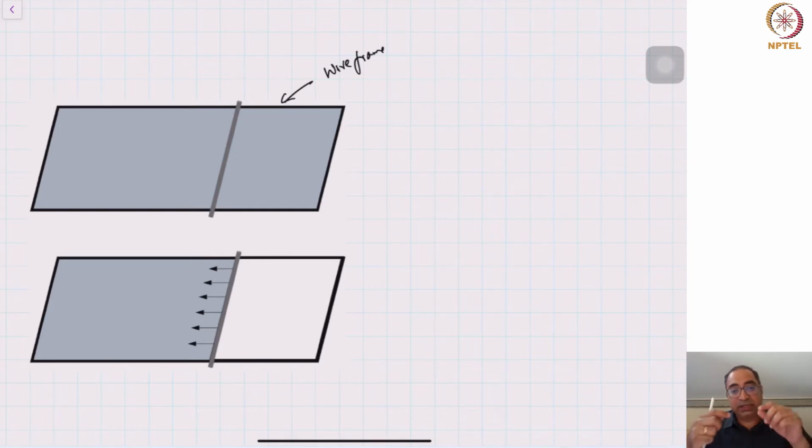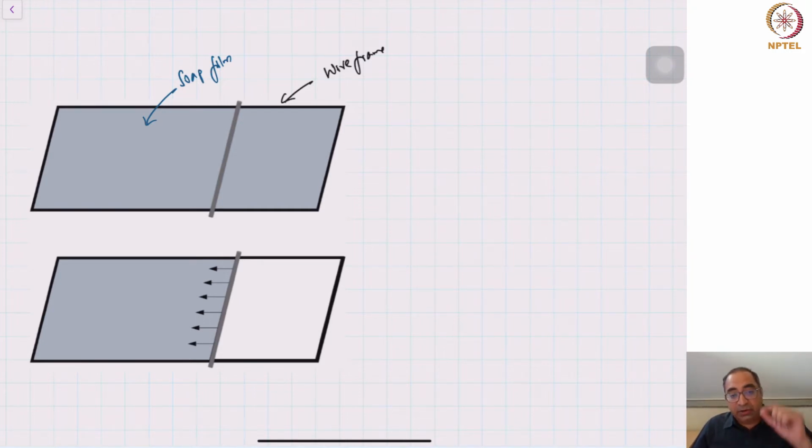Another way to make this is to take the OHP sheet, a transparent plastic sheet, and cut a rectangle in it. Now you dip this into soap water, and what you get is a soap film. What you're seeing here, the shaded region, is a soap film. I'll make a drawing of what the soap film actually looks like.